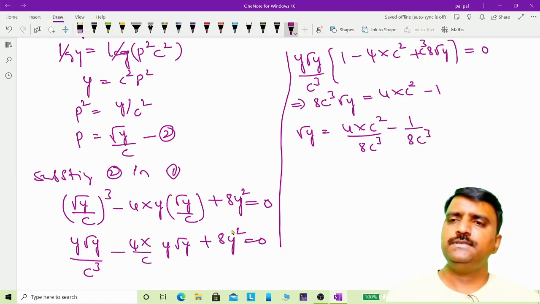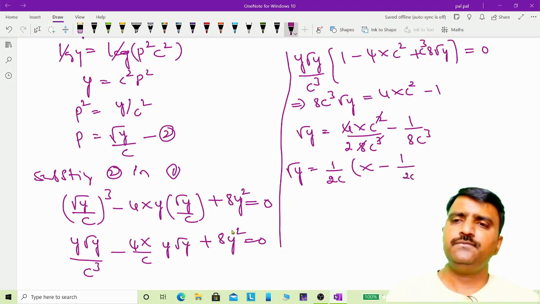Now one of these c square cancels, only c remains, so what remains is only 8c. So let us simplify. 4 ones are 4, 4 twos are 8, so you take 1 by 2c as a common factor, remaining here is x minus 1 by 4c square.